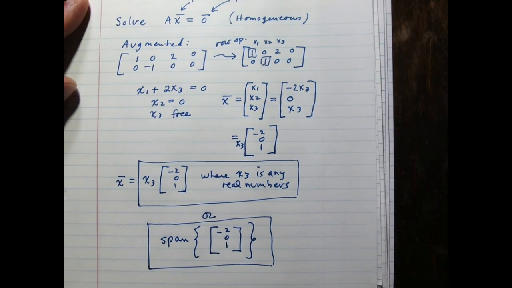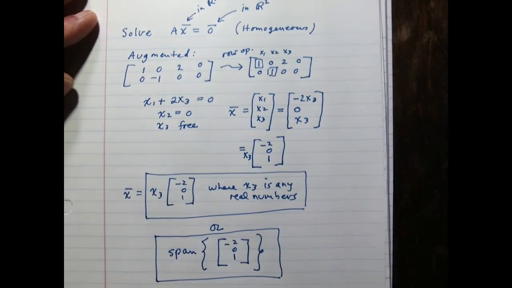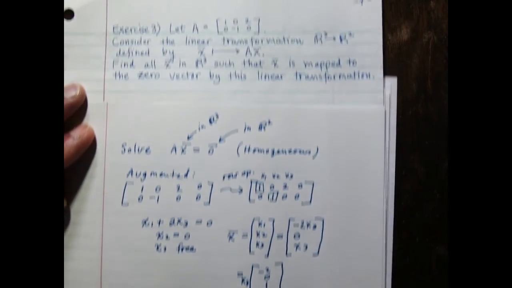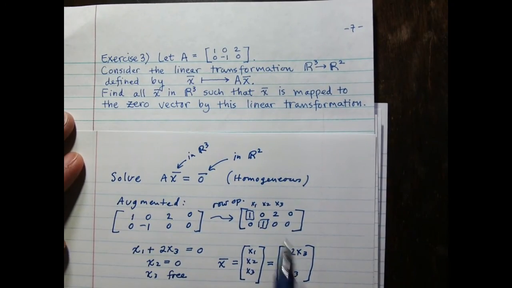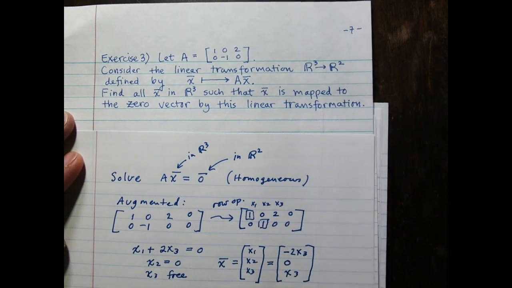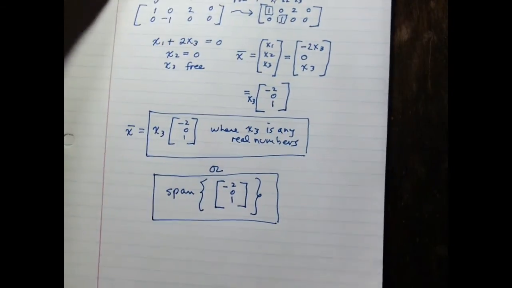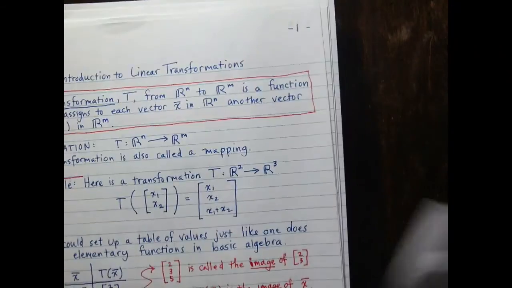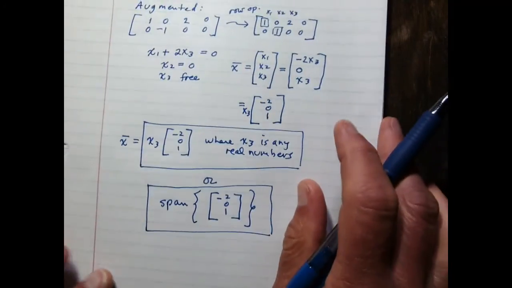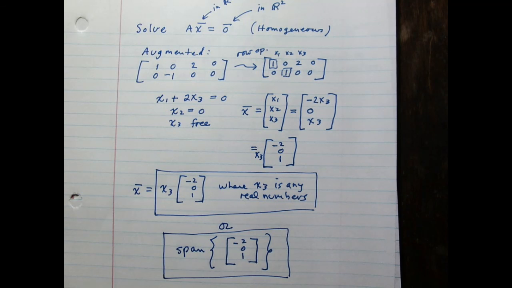And that describes all vectors x in this linear transformation that are mapped to the 0 vector. Okay, and so we're done with exercise 3. And yeah, there's one more portion to this section, and that will be in another video.